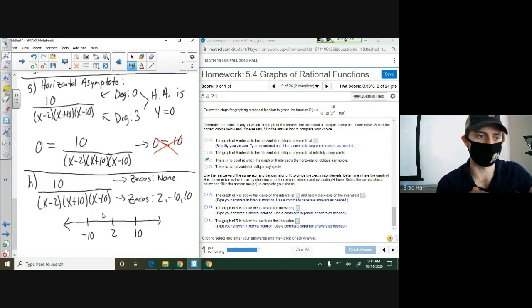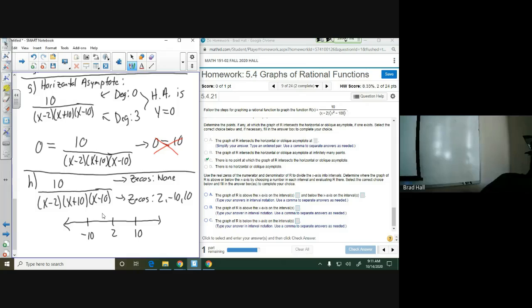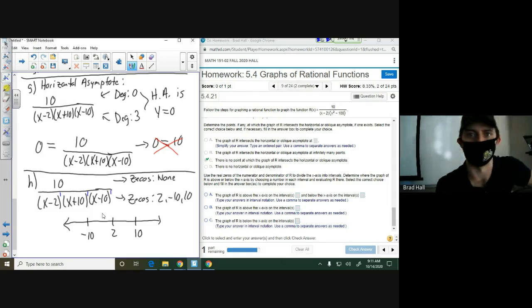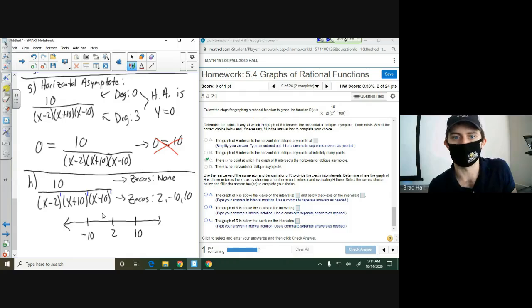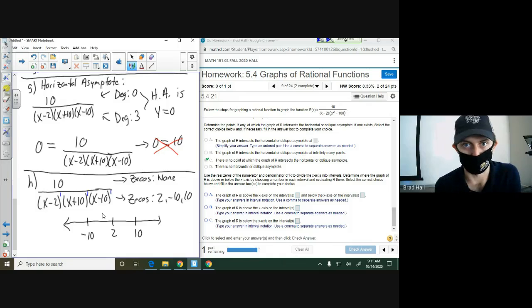That's all we need to do in order to use the multiplicity trick. Now notice the multiplicity for each one of these. I'm going to draw this in blue. 1, 1, and 1. That means that at each one of these asymptotes, it will "cross," which I put in quotes because these are asymptotes.